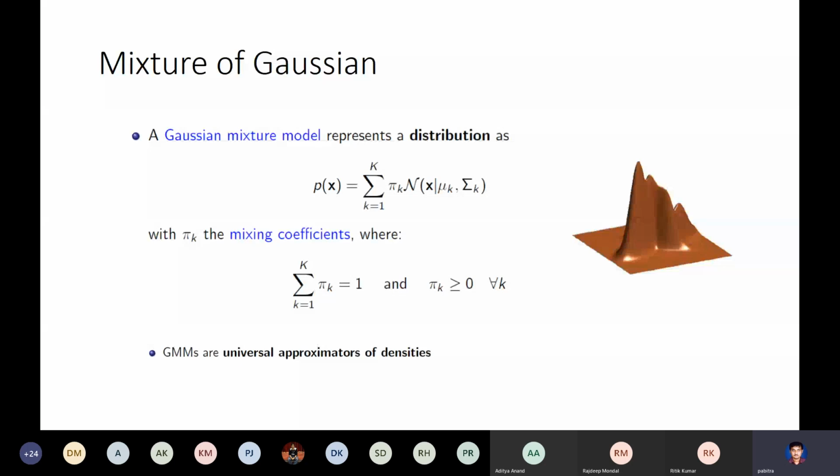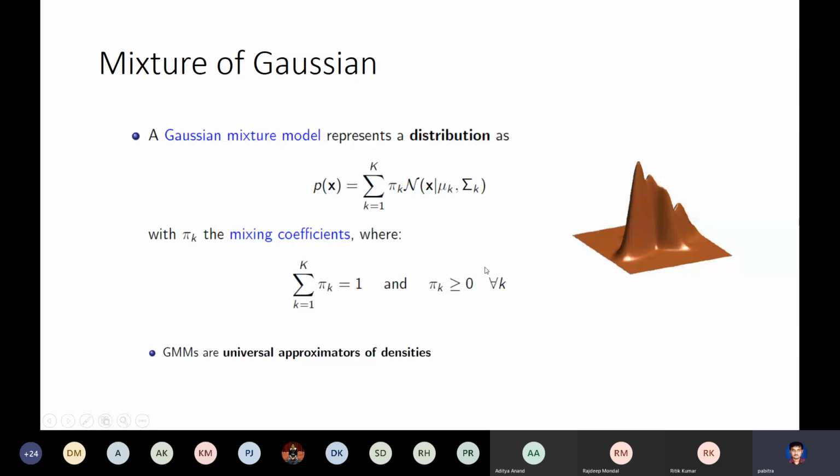Okay, so now our problem is the following. Given a set of capital N data points, x1 to x capital N, you have to estimate the parameters of the Gaussians. What we do is we assume the value of capital K. We assume that there are 3 Gaussians or 5 Gaussians or 7 Gaussians or 6 Gaussians.